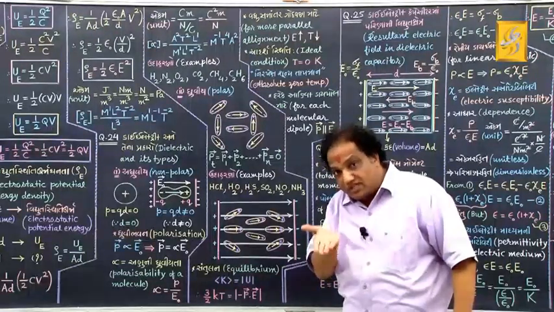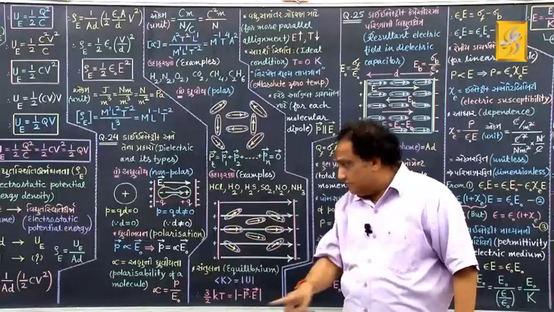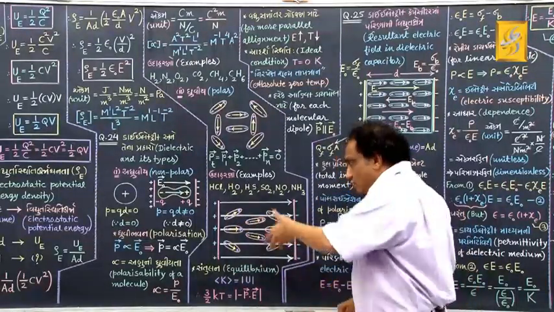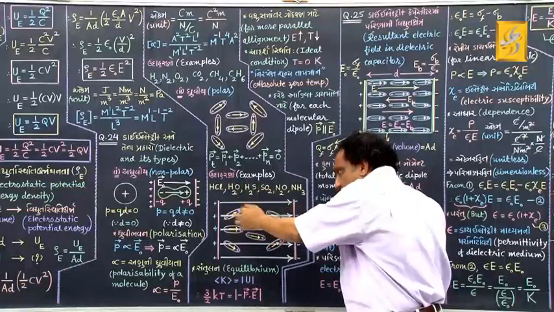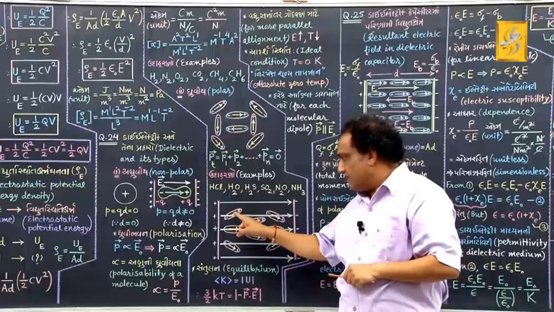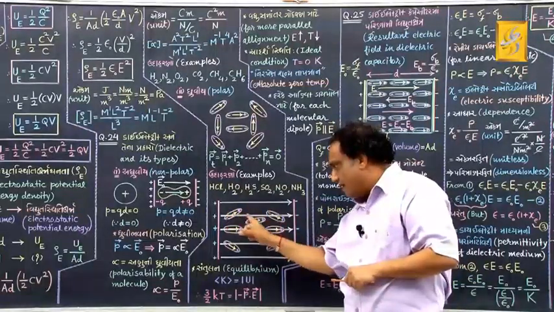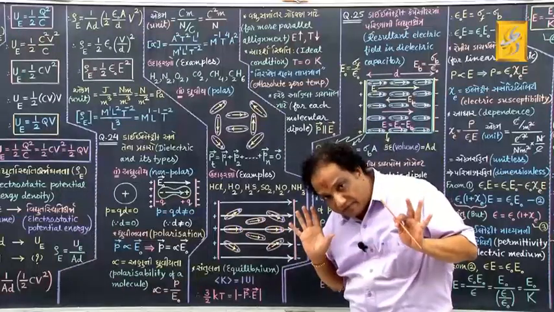When you do that, what will happen? These dipoles get more and more aligned parallel to the electric field. The angle between vector P and vector E goes on decreasing, and more and more dipoles start getting aligned parallel to the applied electric field.